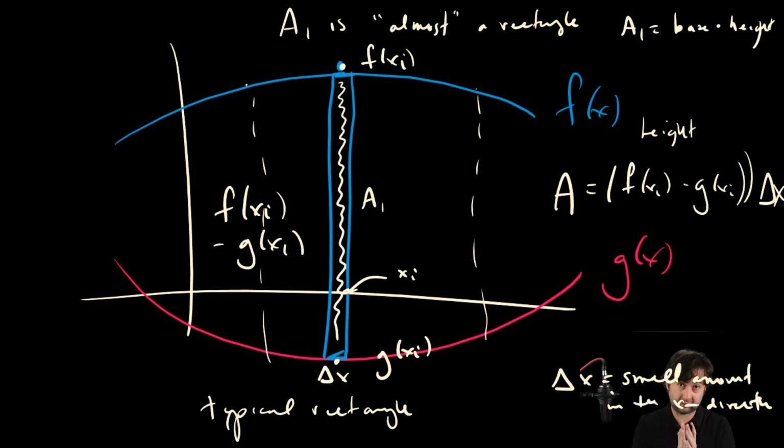So for this particular rectangle, if I had a point xi that I was given, I could calculate the top and bottom of the rectangle, I could calculate the width if I was given that, and the area would just be base times height.